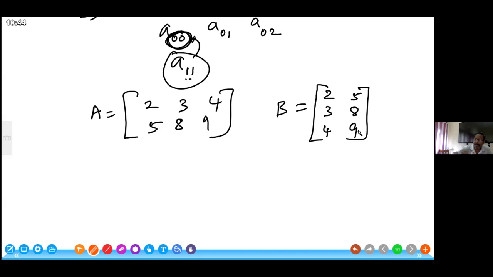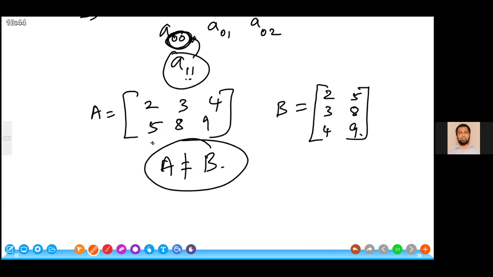What do you think about whether it is the same matrix? I mean, whether the matrices A and B are equal, or not equal? You see, all the elements are the same in both matrices. Not equal.